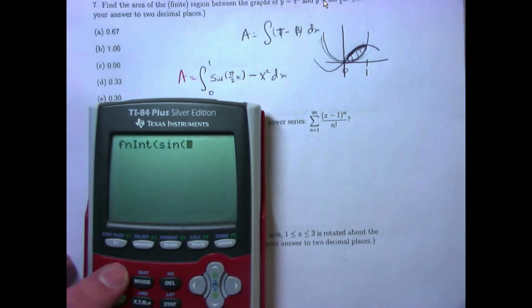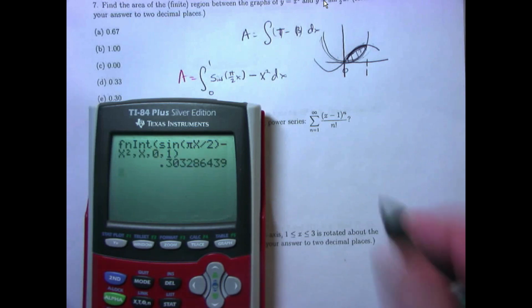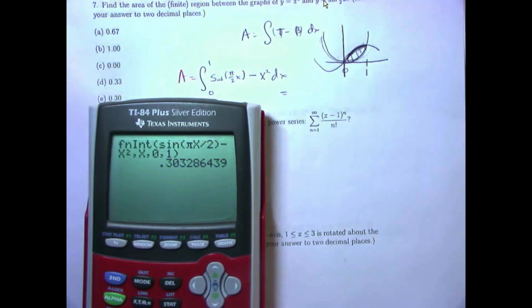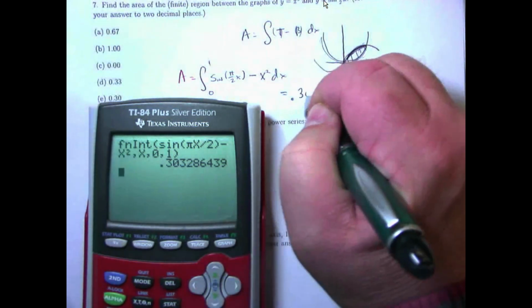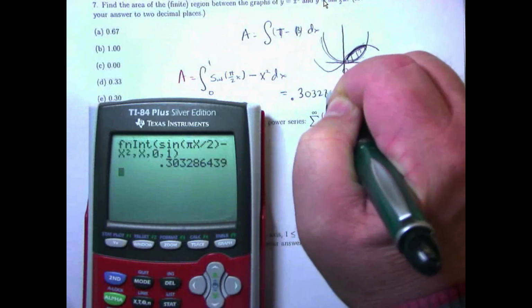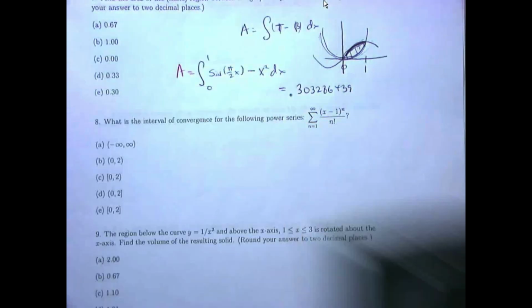So I'm going to do Math number 9. Let's see here. Sine of pi x divided by 2 minus x squared, comma x, comma lower bound, which is 0, comma upper bound, which is 1. And especially, look at these answers over here. You know you're going to get crappy decimals. Another reason why you want to use a calculator. 0.303286439.